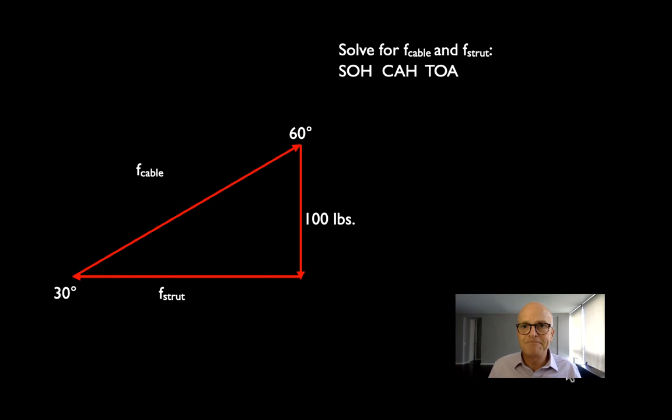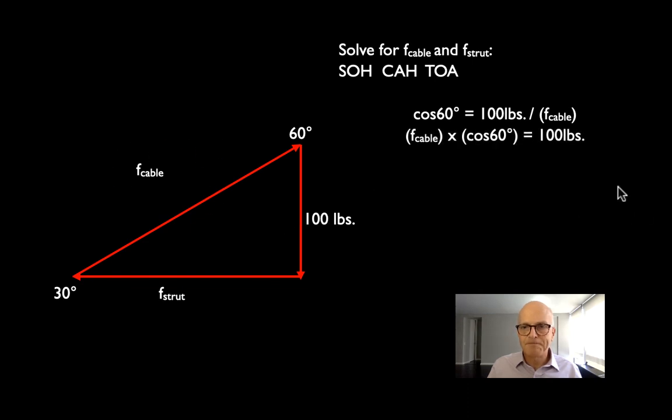So, SOH CAH TOA. And we'll start now by trying to find the force in the cable. We know the 60 degrees, and we know the 100 pounds, so we know the adjacent. We want to find the hypotenuse. We'll use cosine of 60. Cosine equals adjacent over hypotenuse. So cosine 60 equals 100 pounds, adjacent, divided by hypotenuse, force in the cable.